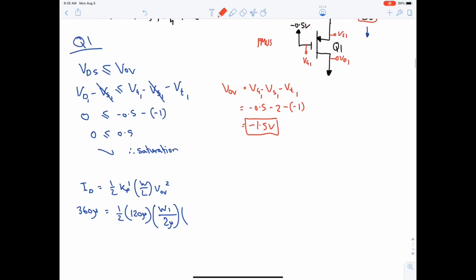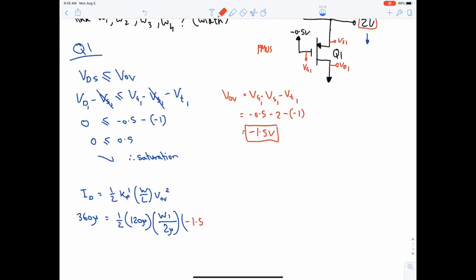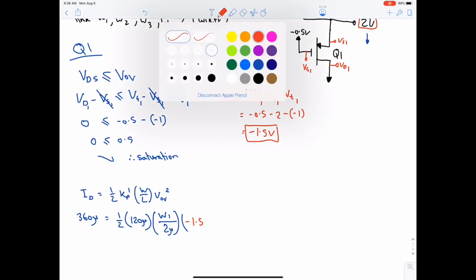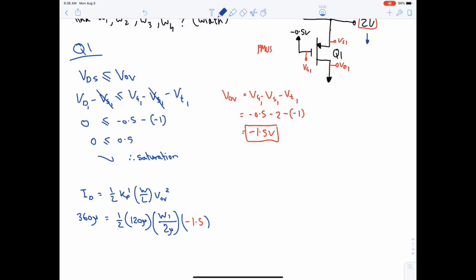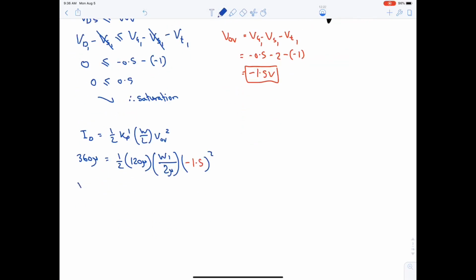Okay, minus 1.5 squared. And if you plug this into the calculator, you will get 5.67 micrometer. Now note that this is the width. Width should always be positive. If you get a negative answer, then this is definitely a wrong answer.